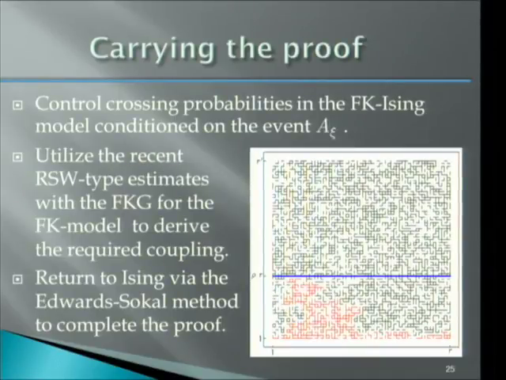So everything is wired. Now you expose the component that touches the bottom, and the all plus, the fully wired one, has a positive probability of not exceeding this line by Russo-Seymour-Welsh. But if it does not exceed this line, then in the dual you have a blocking path. A blocking path in the dual in the fully wired one that majorizes the other two, so it has to be there as well.